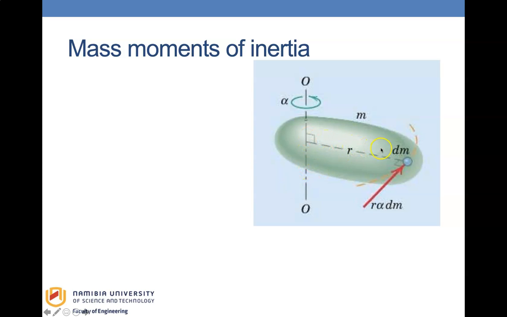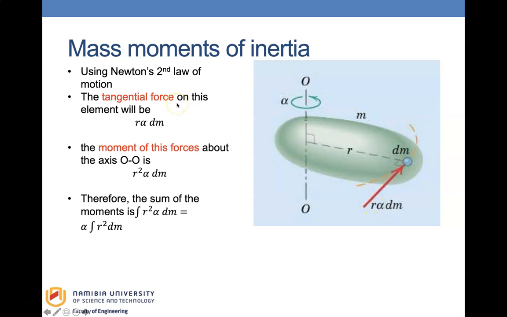An element of mass dm will have a tangential acceleration component along its circular path with magnitude r alpha. Now, using Newton's second law of motion, where we say F is equal to ma, the resultant tangential force F on this element will be r alpha, which is the acceleration, times dm, which is the mass.